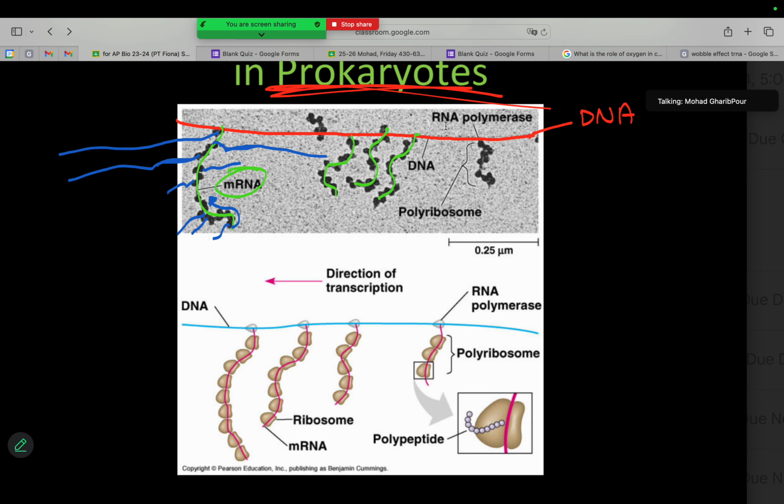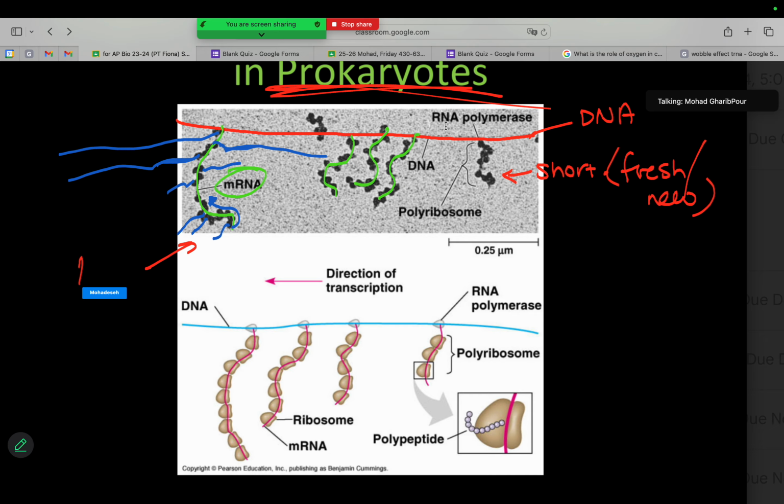And the other thing you can note down here, if you're given a diagram like this, you could deduce the directionality of your DNA and your mRNA. So you can see that this is short, so it's fresh or new.